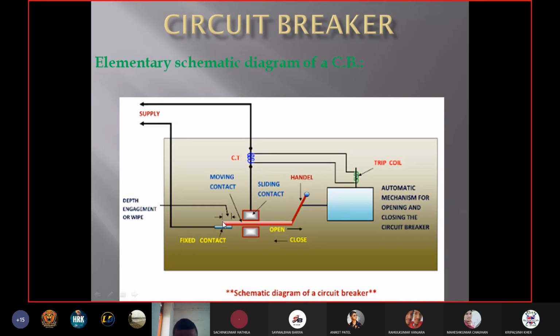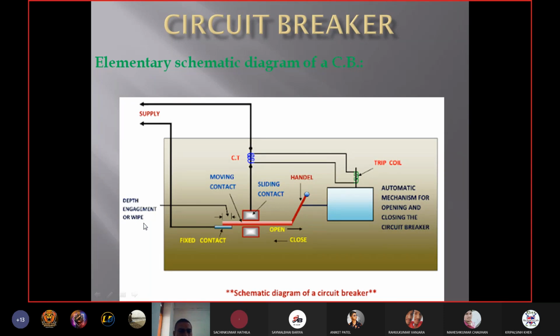This portion of connection of the moving contact with the fixed contact is known as the depth of engagement, or wipe.